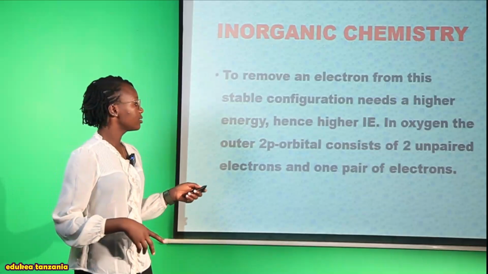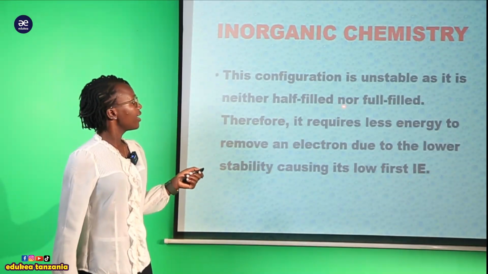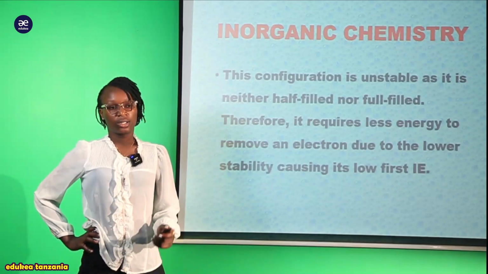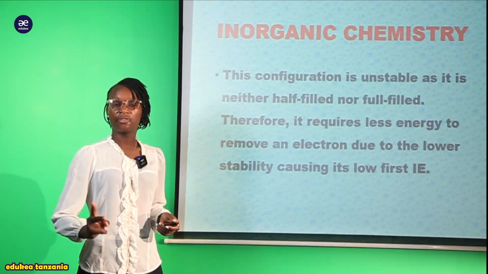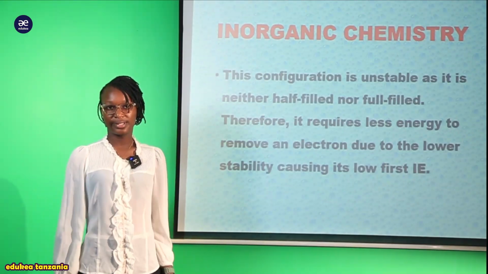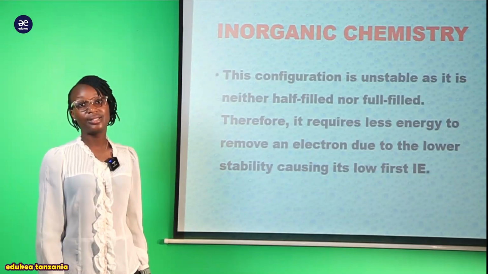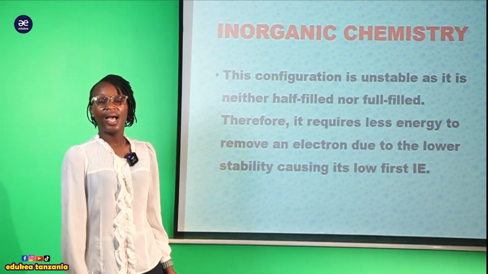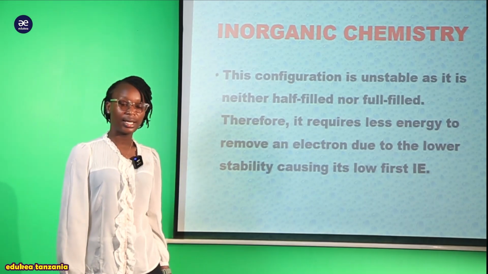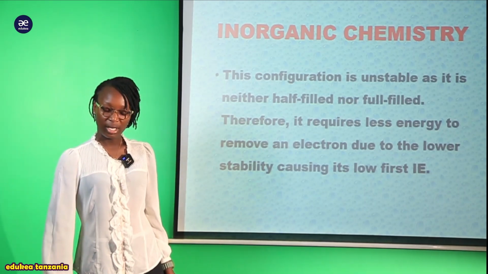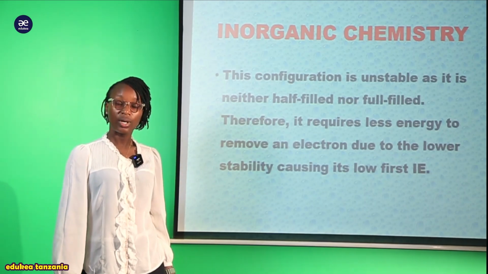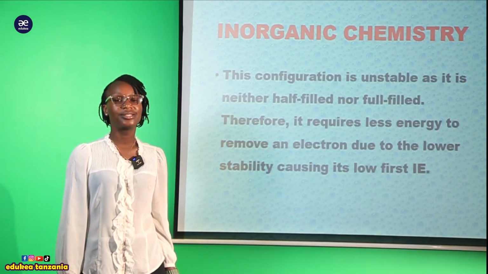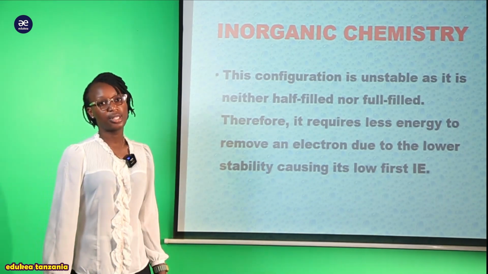So now anasema kwamba this configuration is unstable kwa sababu kuna kiboksi kimoja kipo fulfilled afu ingine moja. Sasa hapo hatuangalii hiyo stability, maana haijakamilika, kwa sababu ili iwe stable iwe half filled kote au iwe fulfilled kote. Lakini ikiwa kwa zile orbital maybe moja ipo paired, nyingine zipo unpaired, maana kwamba ile sio stable configuration.